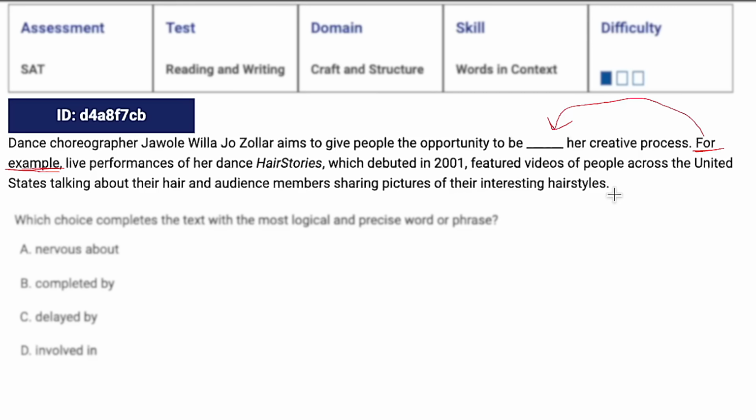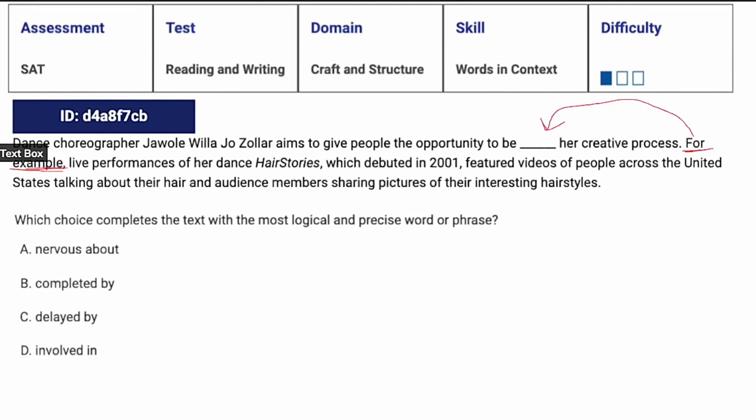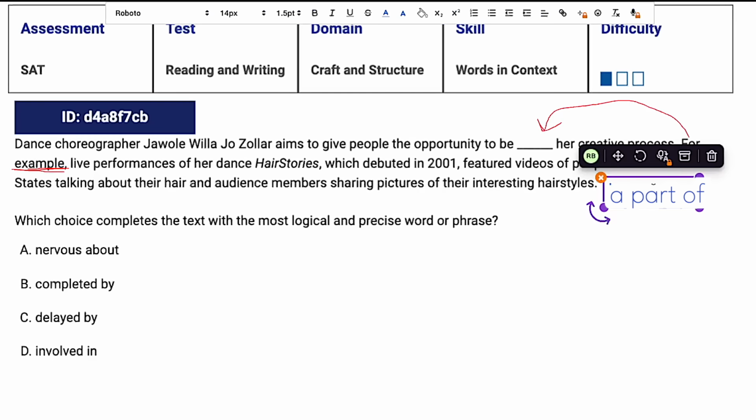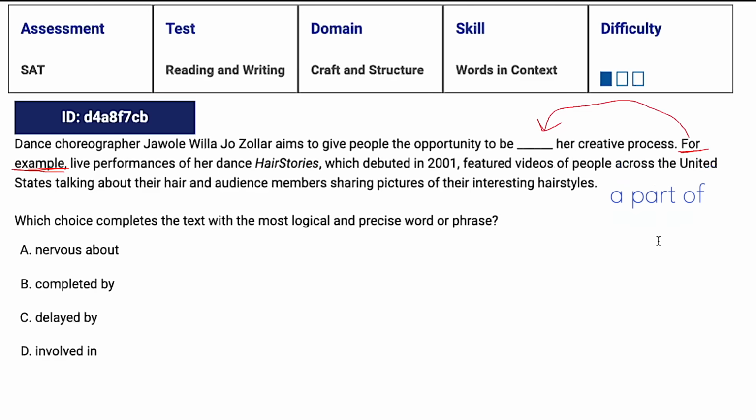So that seems to be an example of audience members getting involved. So then I would say she wants to give people the opportunity to be a part of her creative process. That would be my prediction. Go through the answer choices. Not nervous, not completed, not delayed, involved in, a part of: yes, yes, and yes. Get excited about transitions.